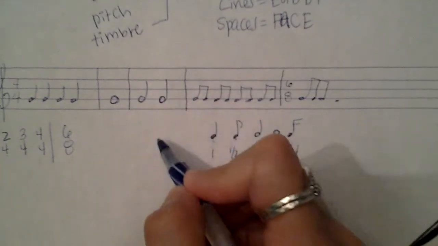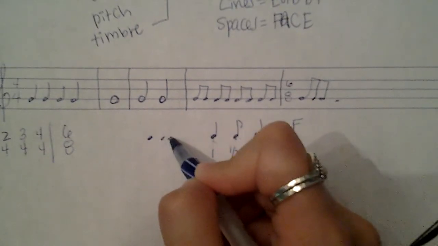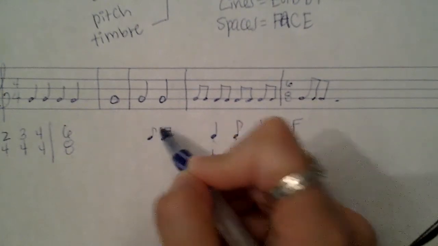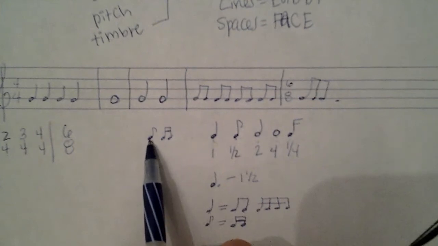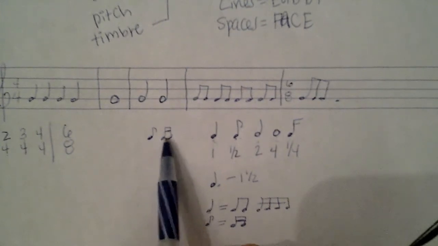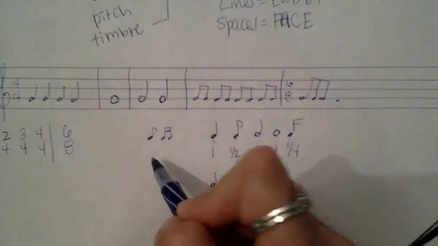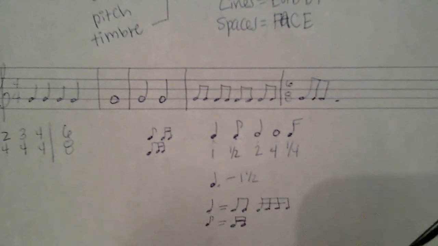So the way you would do that is, let's say we have an 8th note and 2 16ths, okay? That equals 1 beat because this is half a beat, right? And then we have 2 16ths, so that would equal a whole beat. Instead of it looking like that, you need to beam these together like that, okay?